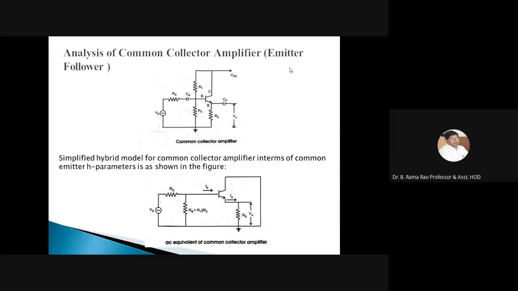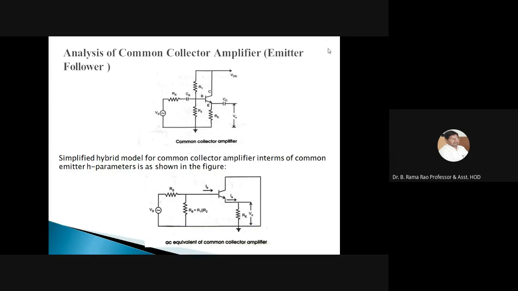This is the special amplifier, so that's why it is called the emitter follower. Why is it called an emitter follower? The output is taken across the emitter, and it exactly follows the input voltage variation.